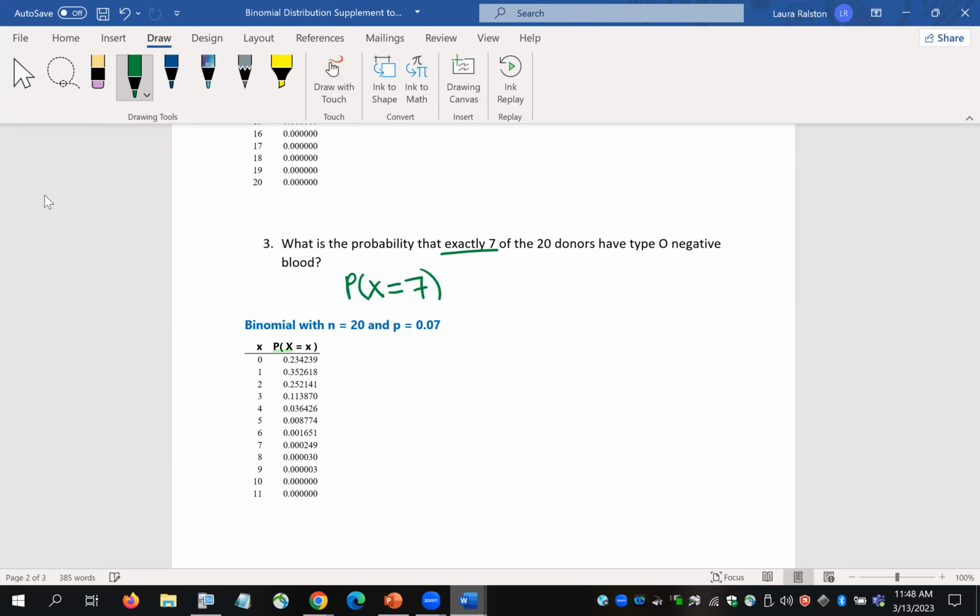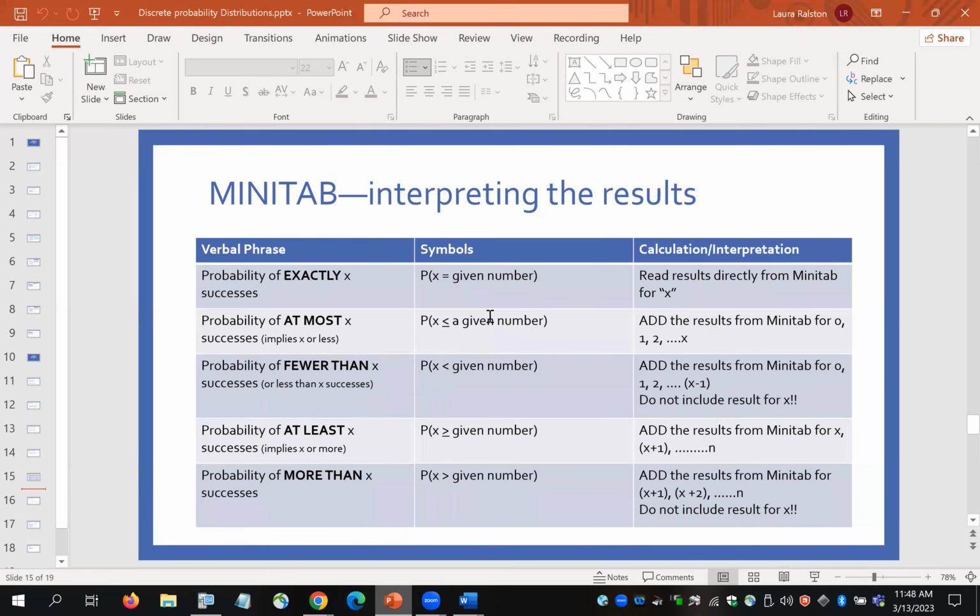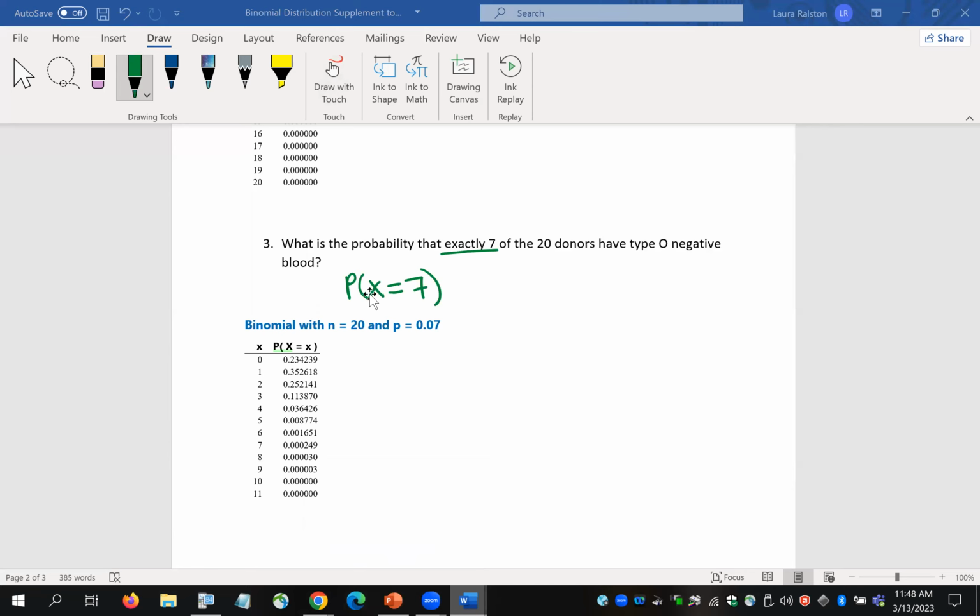Again, going back to my table, for exactly, you read directly from Minitab. There's no adding or subtracting. I'm just going to go to 7 and read that number. It is 0.000249.